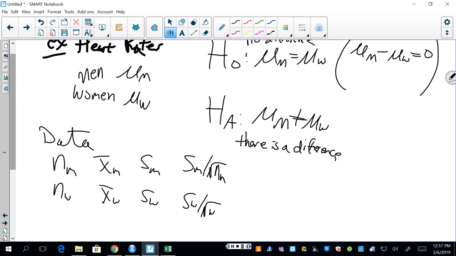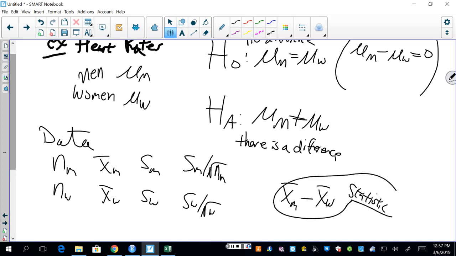And what we're going to summarize, look at as our statistic is x bar m minus x bar w. It's going to be the statistic to use in testing. And we're going to decide whether to keep entertaining this assumption that they're equal. Right? Based on the sampling distribution, not necessarily these individual ones here, but really the sampling distribution of this difference.